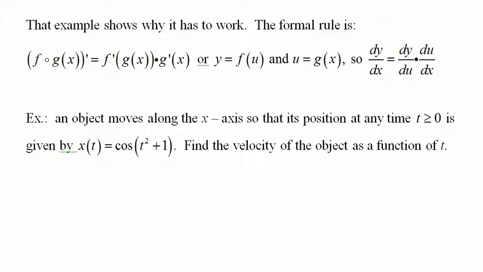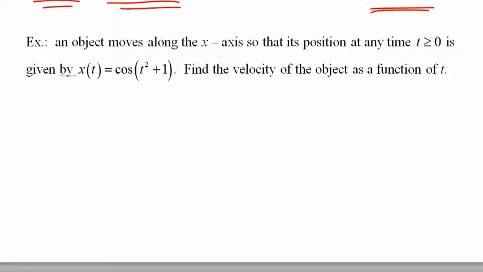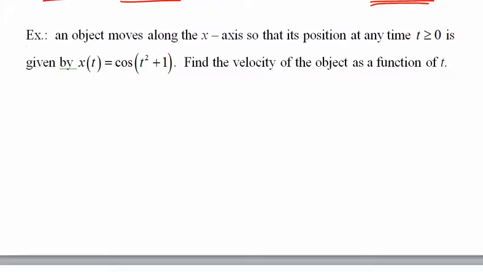So that example just showed you why it has to work, and this is what I did above. And this is the composite as written. So here's an example. Object moves along the x-axis, so its position at any time t greater than 0 is given by this formula. Find the velocity. So velocity is first derivative.